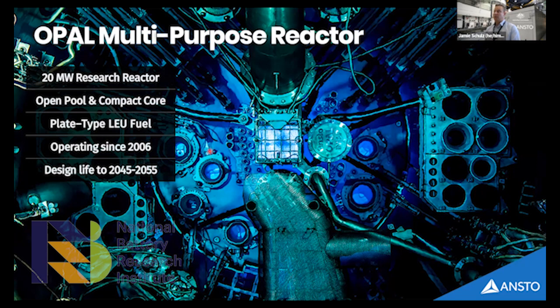The story is 1 in 2 Australians will receive some radiopharmaceutical that has come out of the OPAL reactor in their lifetime. So we have quite a high impact there. You can also see on the side here a number of pneumatic tubes. We're also able to allow targets to be irradiated in the facility and then removed as well.